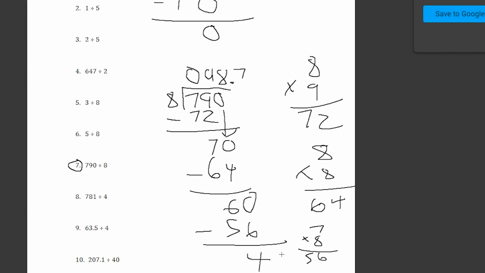And now we need to put another 0 as a placeholder, since we're out of the range. So 40 divided by 8 is 5, and 5 times 8 equals 40. So now we have a remainder of 0, so that means that we are done. So for number 7, our answer is 98.75.